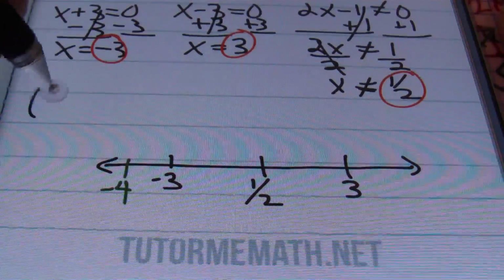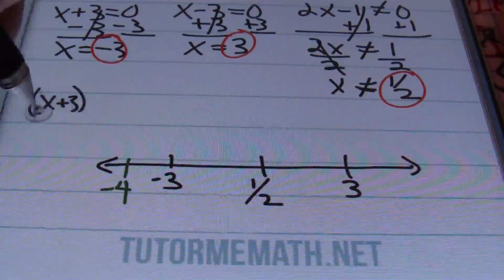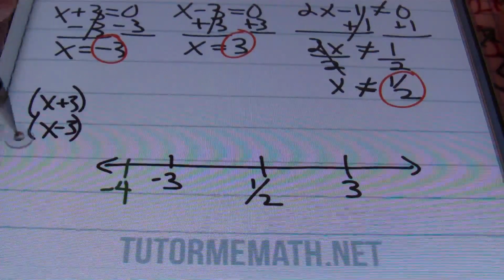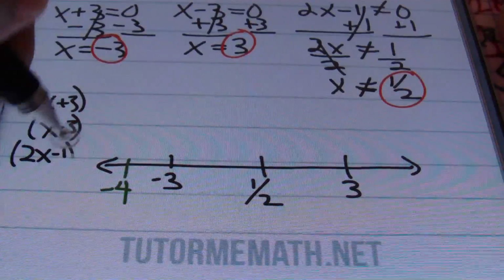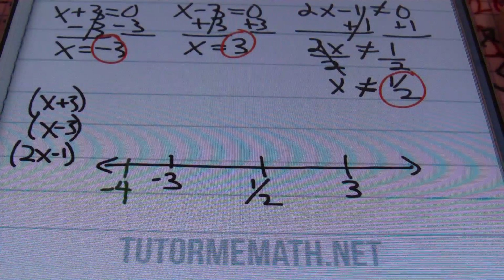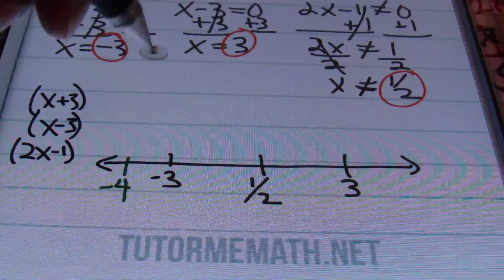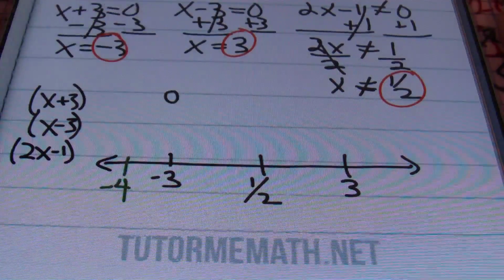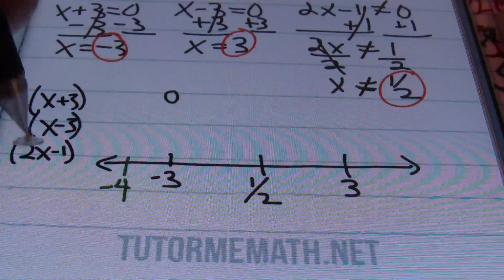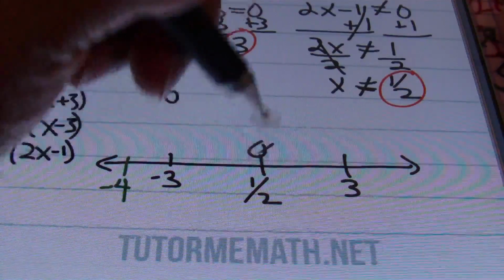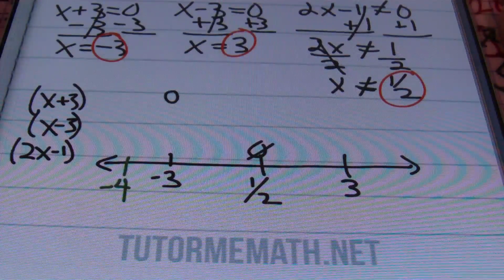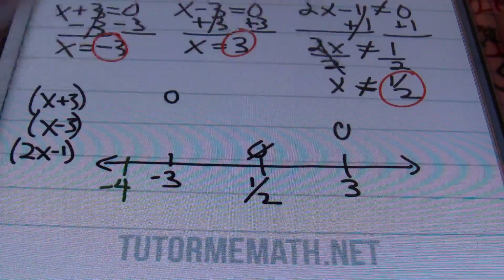I'll have x plus 3, x minus 3, as well as 2x minus 1. I know that at -3, my first factor is going to be 0. I know that at 1/2, my last factor here will be undefined. And I know that at +3, my second factor will be 0.